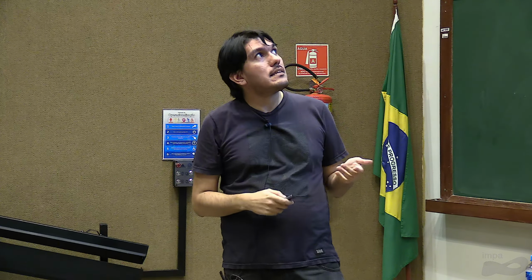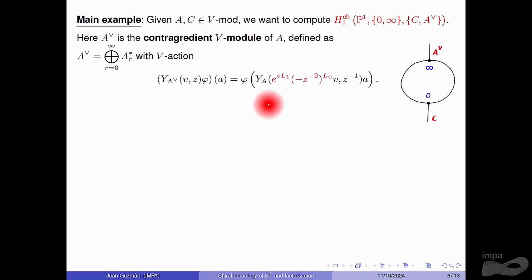The contragradient is something defined in general by this formula here. You'll notice there's a weird thing here that we don't know why it appeared. Okay, so for now, believe me that that's a definition of the contragradient module. Now we're going to see how this naturally leads to a construction in the chiral complex.